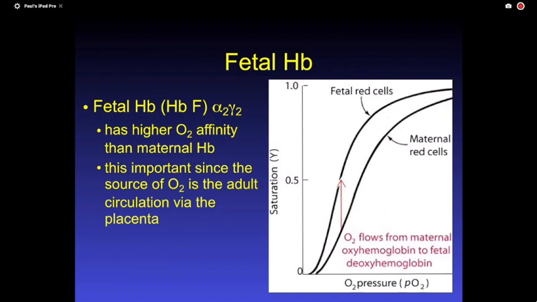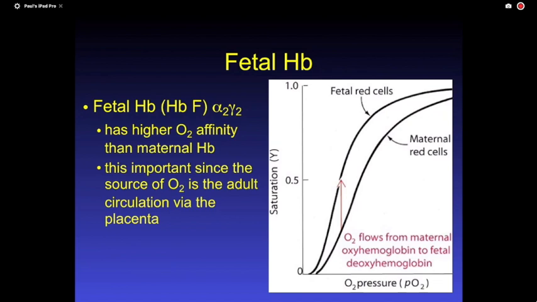BPG fits in less tightly. So if BPG fits in less tightly, then consequently, hemoglobin binds to oxygen easier. And so fetal hemoglobin will always have a slightly higher affinity and be able to take the oxygen from the adult hemoglobin because it binds to BPG less.